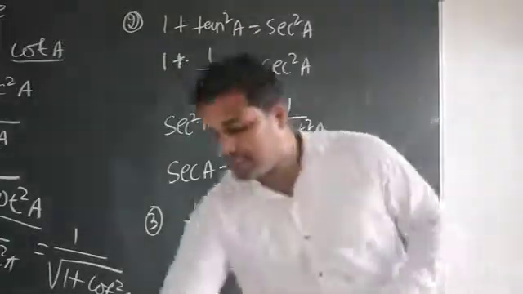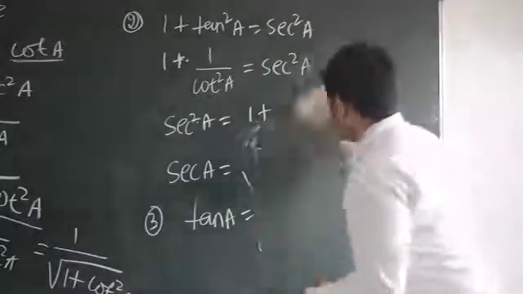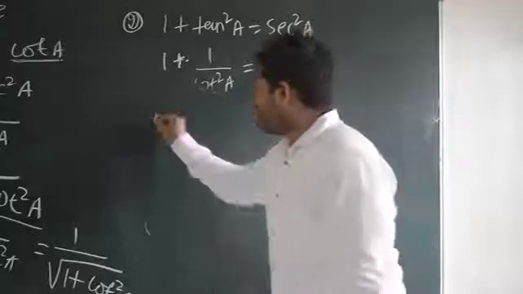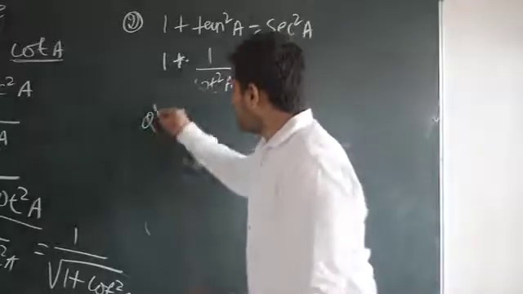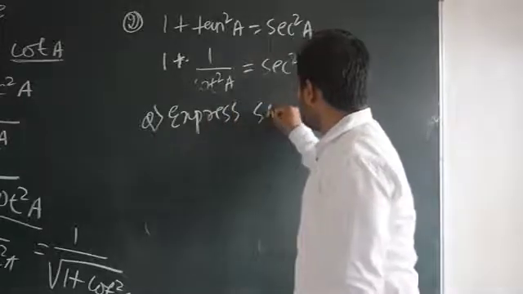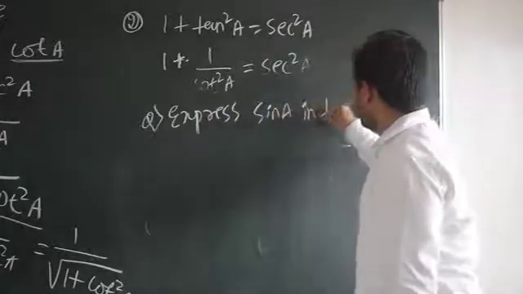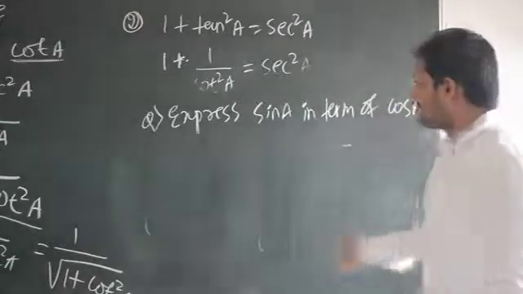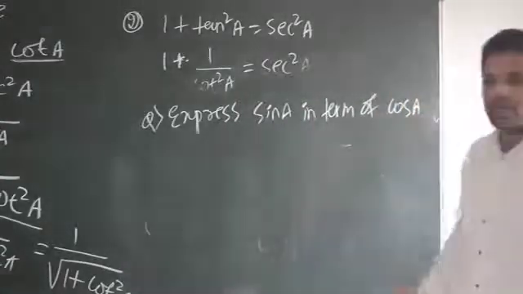Let me give you one example here so that you get a feel of this. This is not from the exercise, but if a question is asked like this: express sine A in terms of cos A. Sine A and cos A are directly related.